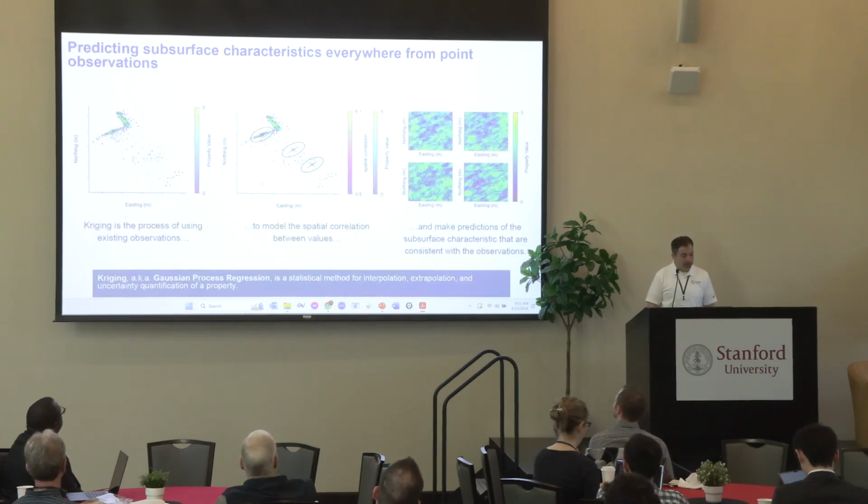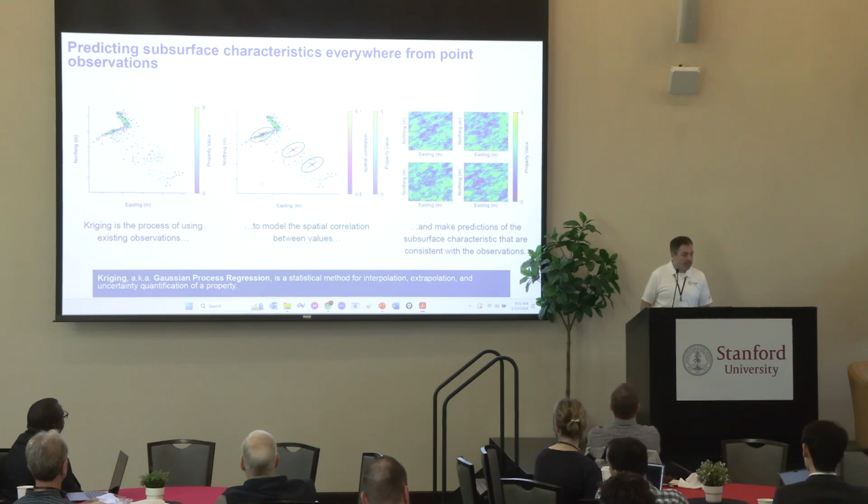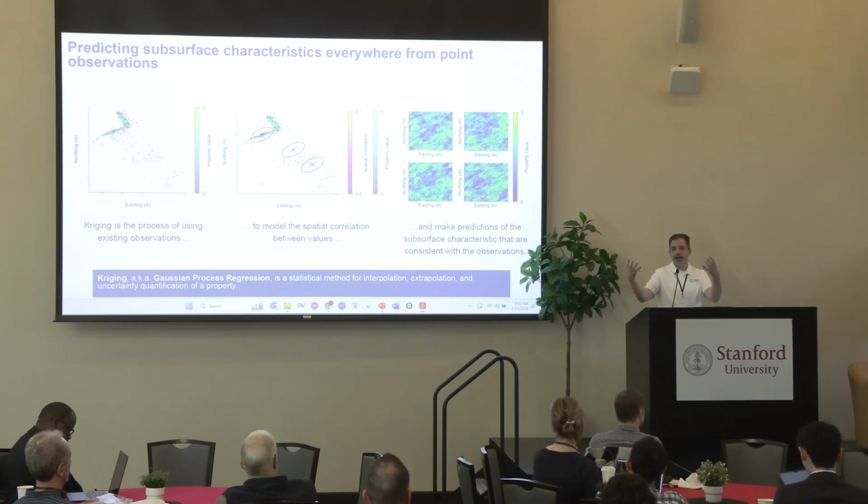So I don't want to get into the details of statistics because maybe only Jeff and I will get all excited about it. But to bring the rest of you along, the typical workflow for geostatistical analysis is to build what's called a variogram, which is just some kind of model for how, if I make an observation at one point and I make an observation at another point that's nearby, how tightly correlated those are, right?